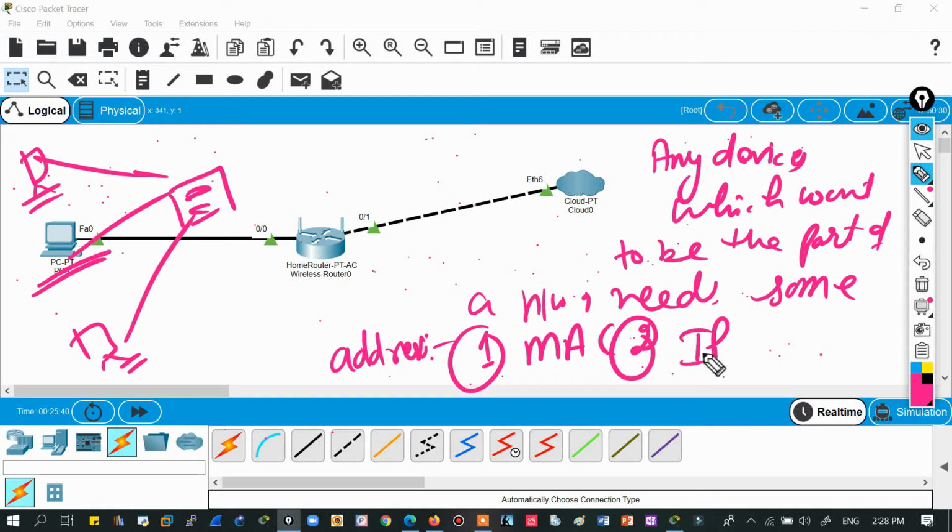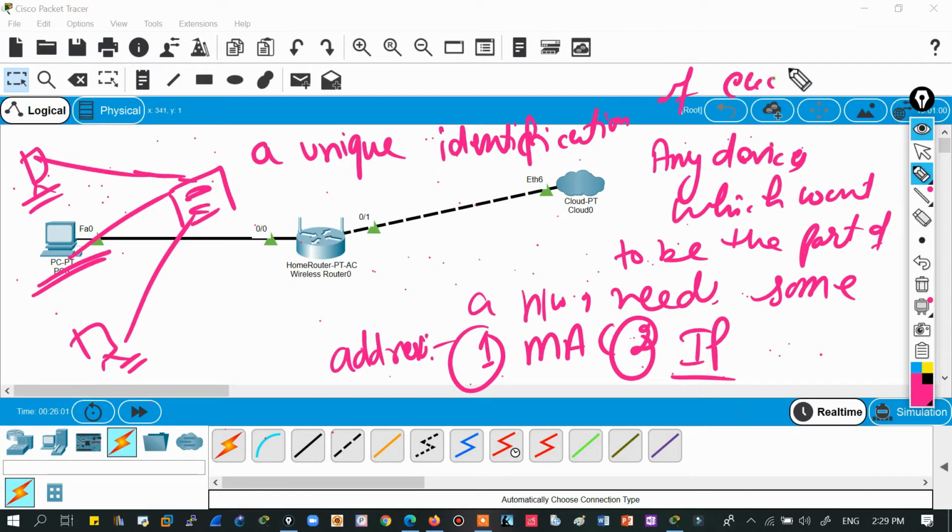That identification is the internet protocol, right? To be the part of a network, we need some protocol to identify a device. So IP is a unique identification of each device in a network.